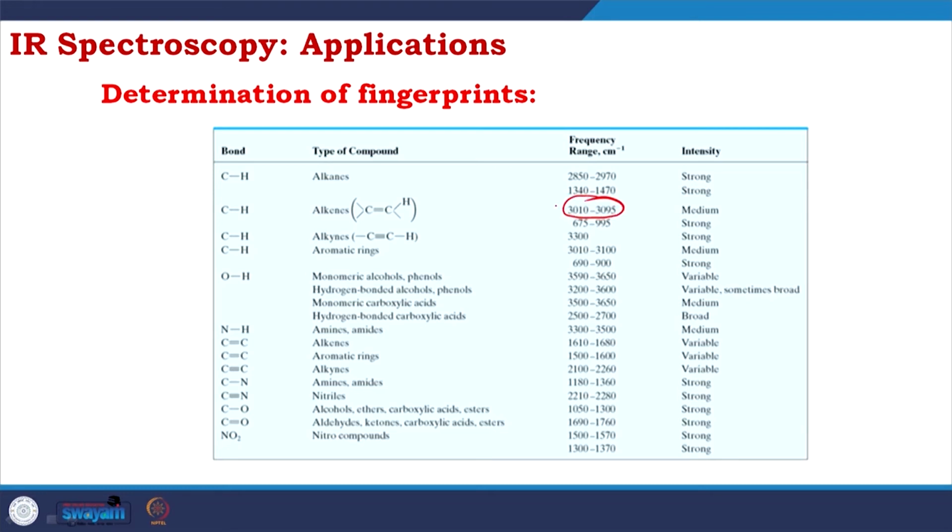So, for CH stretch, for OH stretch, for NH stretch, C double bond C, C triple bond C, C single bond N, C triple bond N, C single bond O, C double bond O, NO2. For all of them, they have fingerprints, they have a range of frequency, and if in the sample this functional group is present, we take the sample, do the experiment, get the peaks and match it with them.